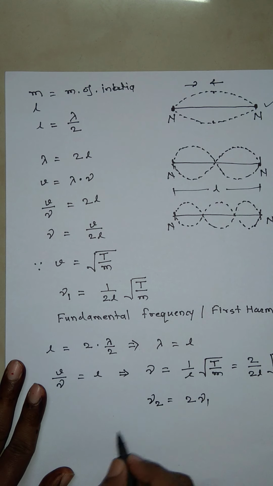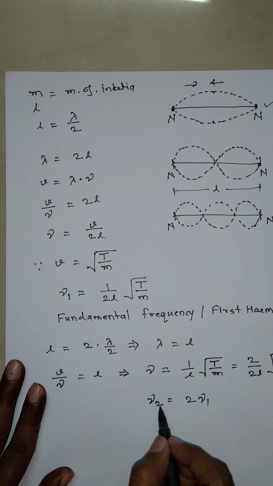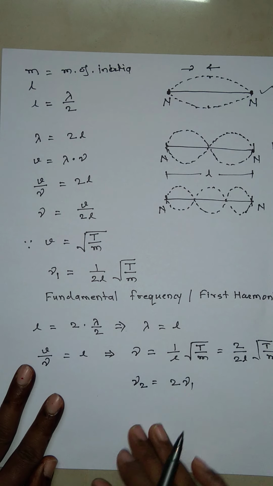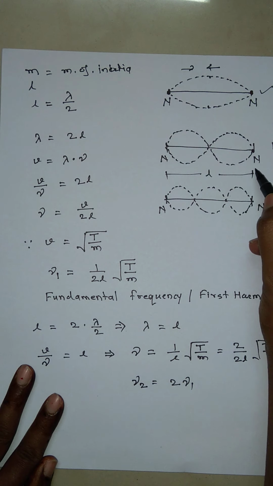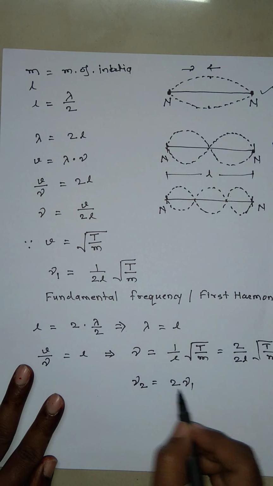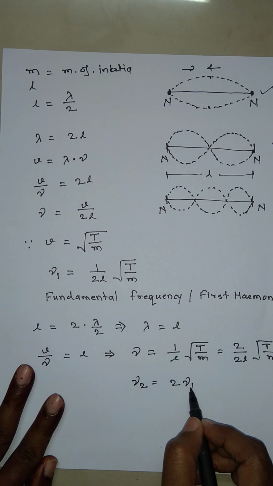This is the value of nu 2, that is the frequency by which a stretched string will vibrate such that 2 loops will be formed over its length, which is nothing but twice the fundamental frequency.